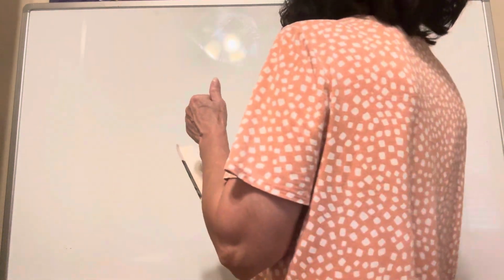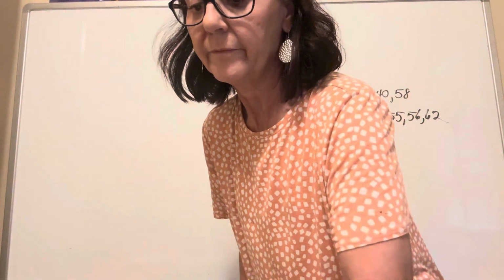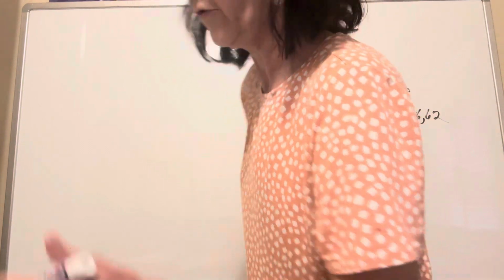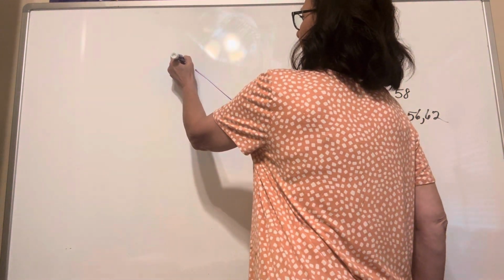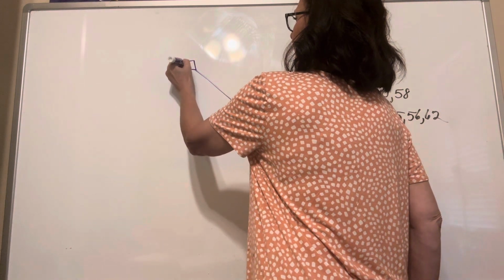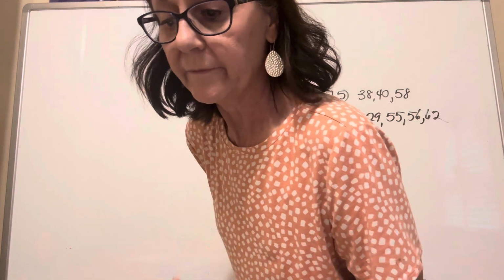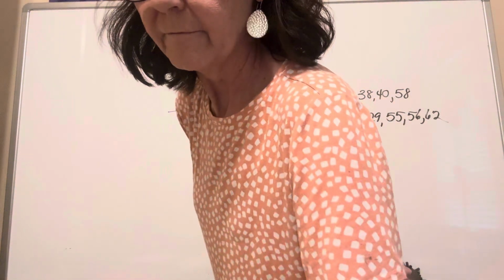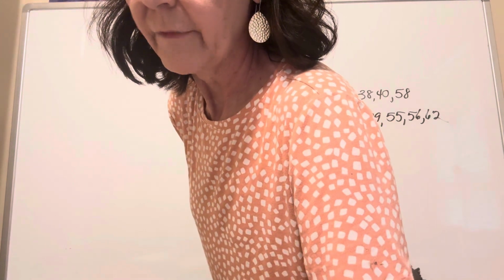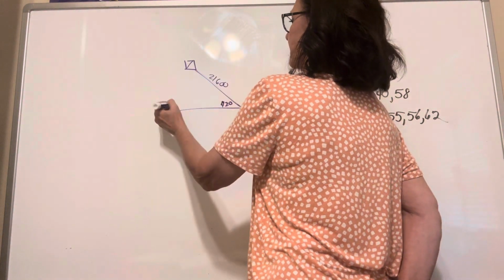All right, number 40. Now we have a kite actually flying. Given that the angle of elevation was 42 degrees, if the kite is up here in the air, the angle of elevation with the ground was 42 degrees when the line was 21,600.